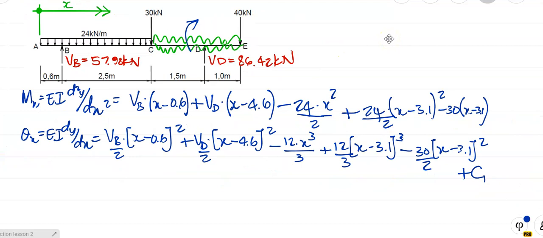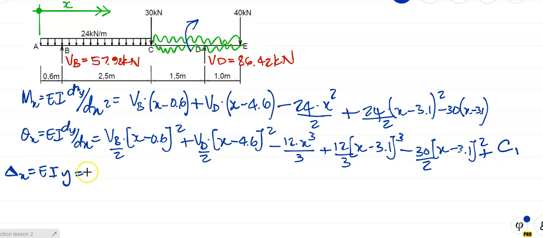Right, let me just fix that there. Let me just make some space for myself. There we go. So this plus C1. Right, I need to integrate a second time, and that will give us the deflection equation. So EI delta at x is equal, and of course, EI are constant, so they stay the same. And if I find the integral of dy/dx, I simply get y.